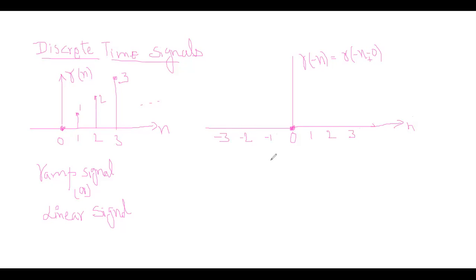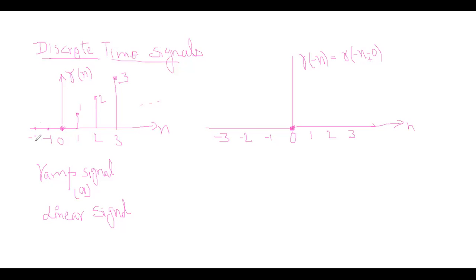In the original signal, the value at 1 is 1, but minus 1 is 0.